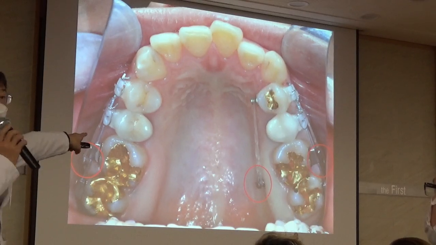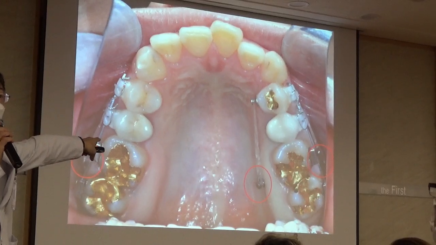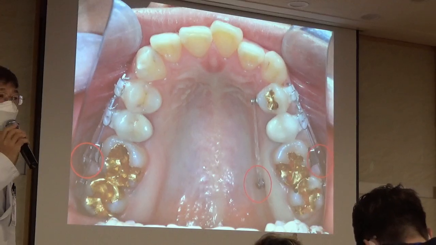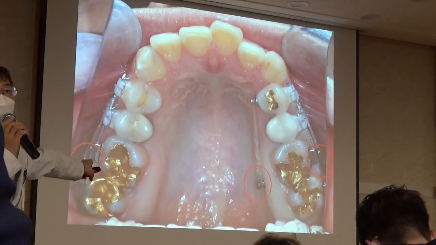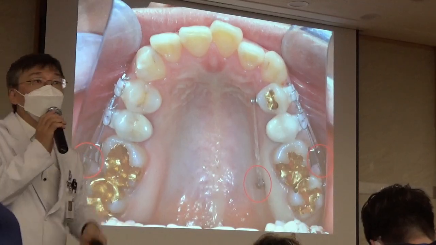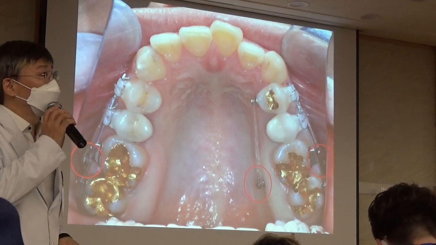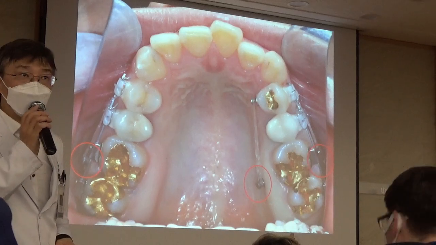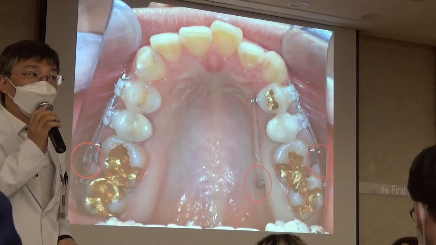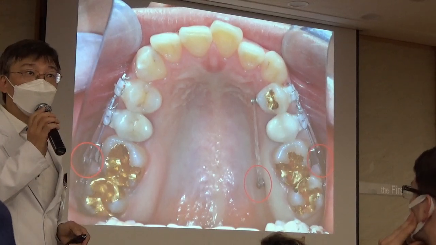We use only interradicular mini screws because it's simple. Yes, it's simple. Is there another reason? I can explain exactly the reason why this is superior to using complicated devices. Maybe tomorrow in the afternoon. Obviously, there's a good reason for this. Very good reason for this.